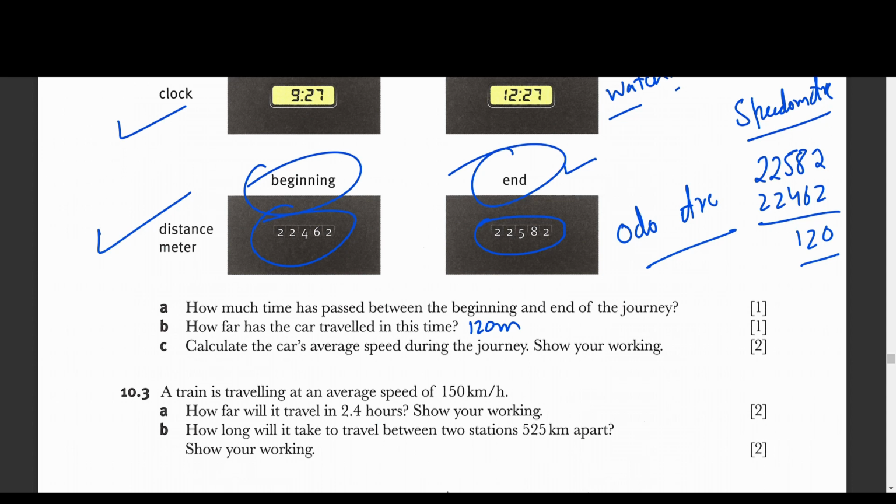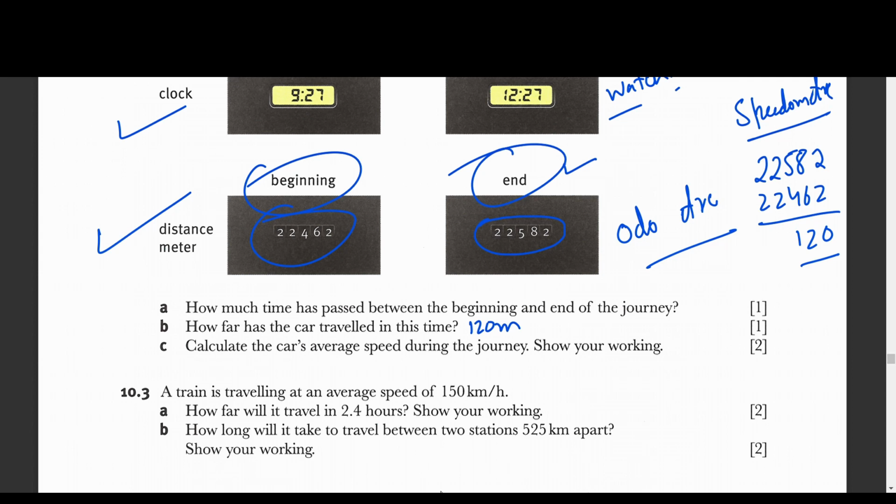Calculate the car's average speed during the journey. Show your working. Now in part B, we saw that the distance this car traveled was 120 meter. Part C wants us to calculate the car's average speed.